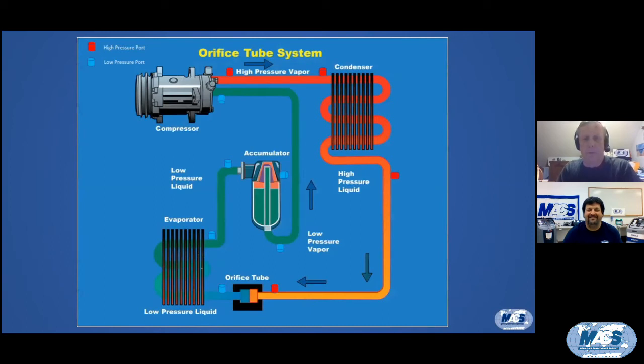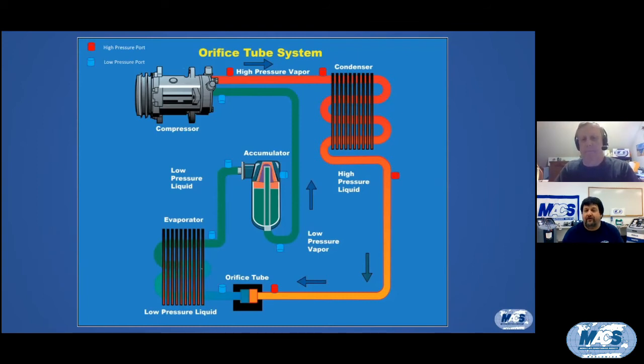We've got 4 service ports on the high side and 6 on the low side. So again, that would give us the ability to check our pressures at multiple places on that system, and we could easily locate a restriction by doing so. But of course, in the real world, we don't have that luxury, but we can utilize our temperature testing.